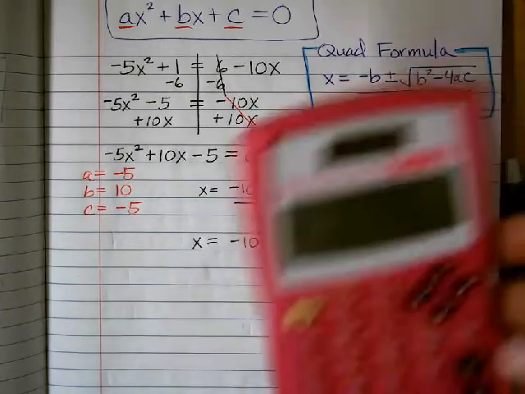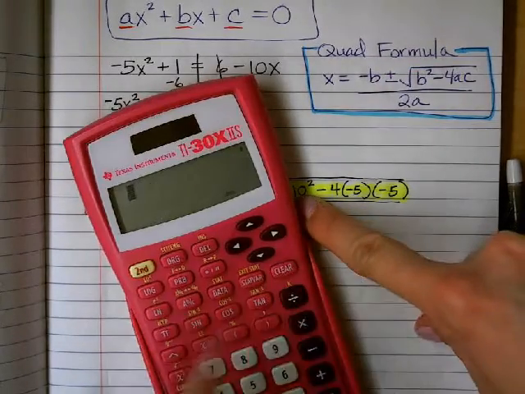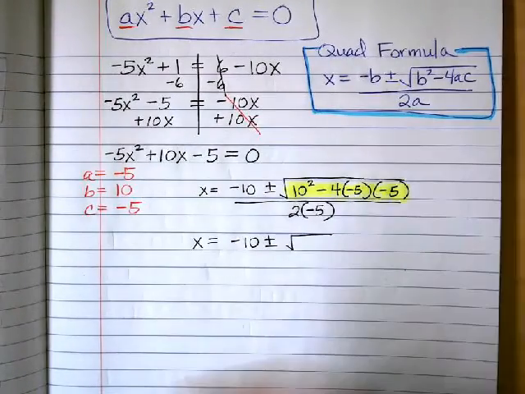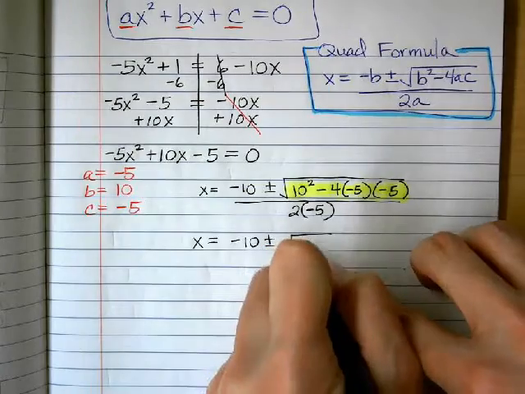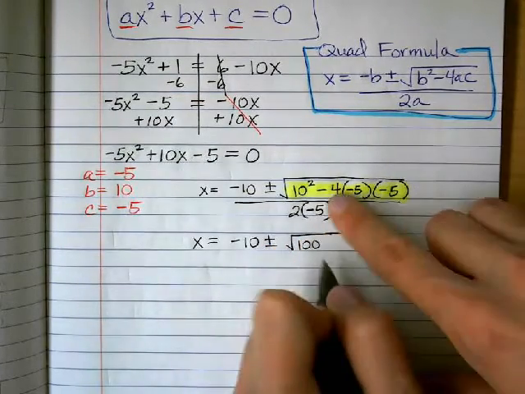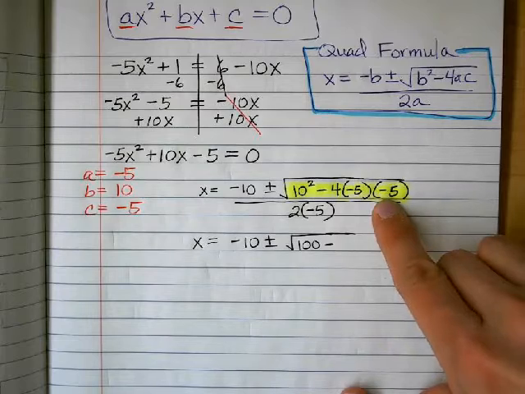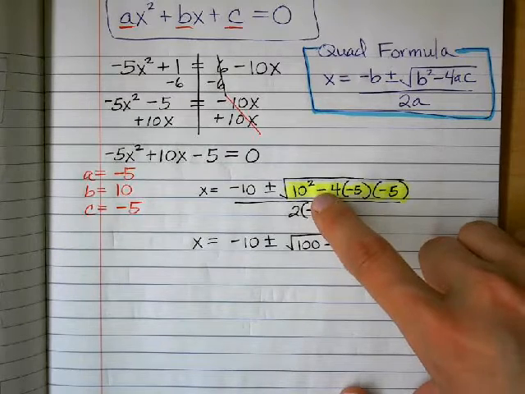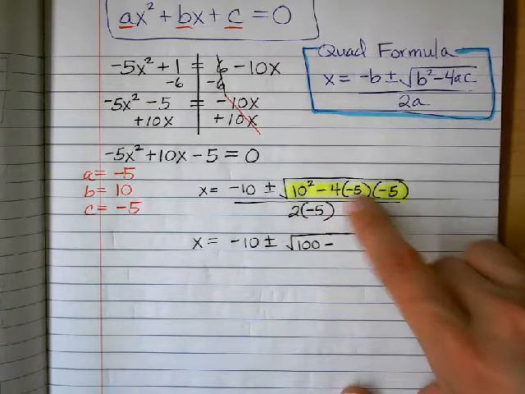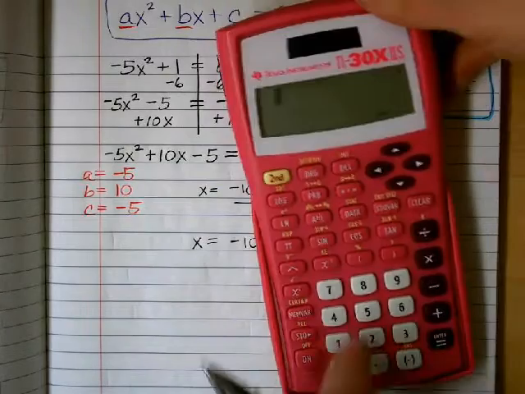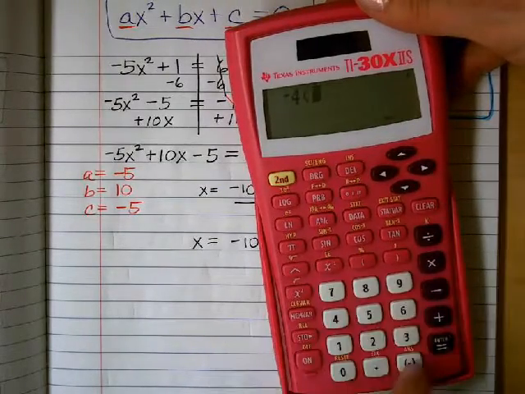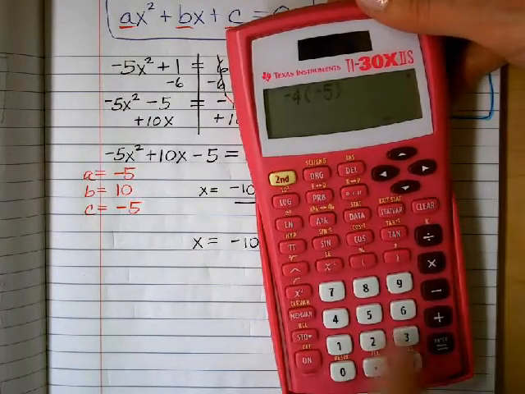See, 10 squared is 100, isn't it? And then figure out what negative 4 times negative 5 times negative 5 is. There's a minus in front of the 4. That minus is with the 4, minus 5, and minus 5. You got to times those together. So you can type it in your calculator.